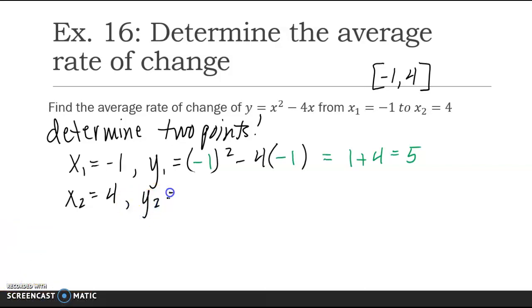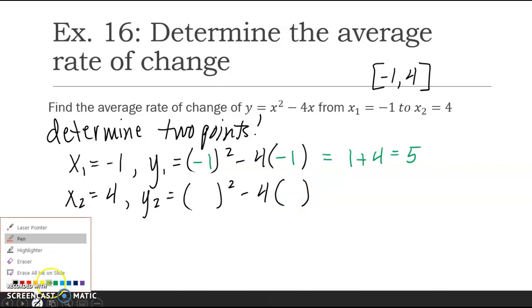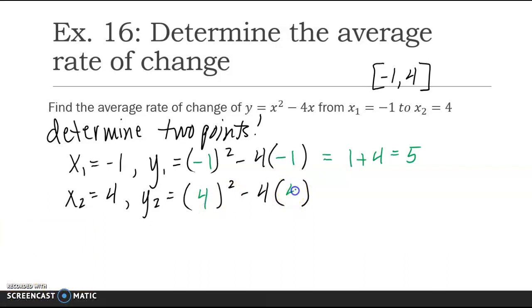Now y sub 2 into my function. I replace all my inputs with +4. 4 squared is 16. -4 times 4 is -16. So my corresponding output is 0.